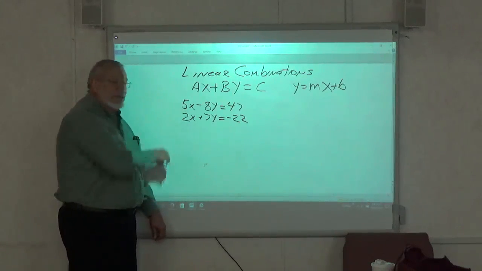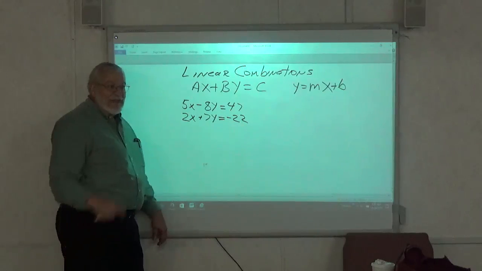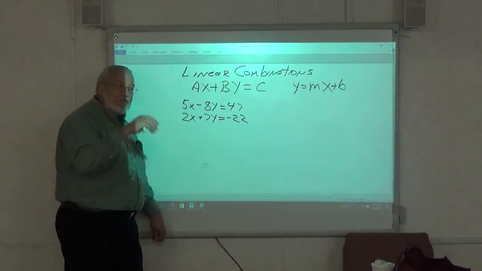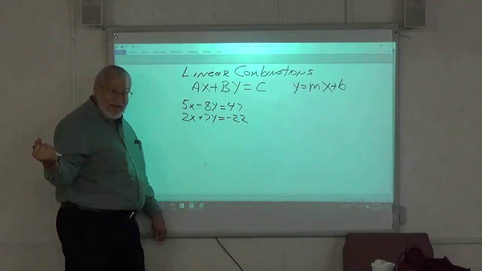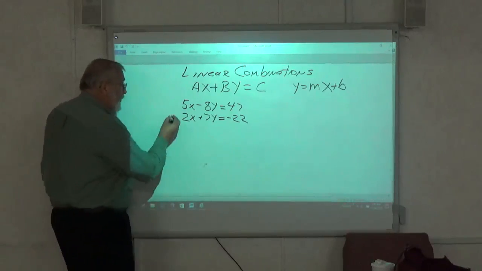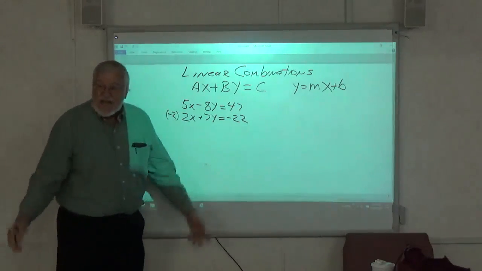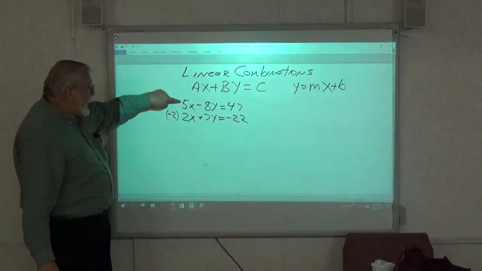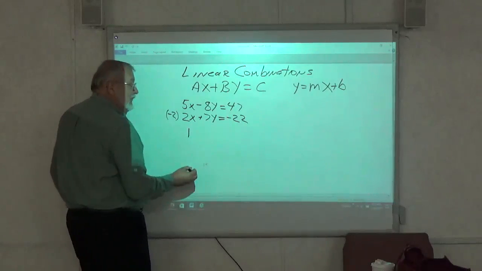Do you see the 5 and the 2? What do you want to get? You want 5 minus 4, right? How can I make this into a negative 4? Multiply it by negative 2. That's exactly what we do if we were doing the matrix. So now 5 plus negative 4 is 1x.